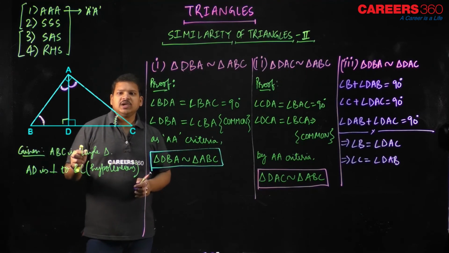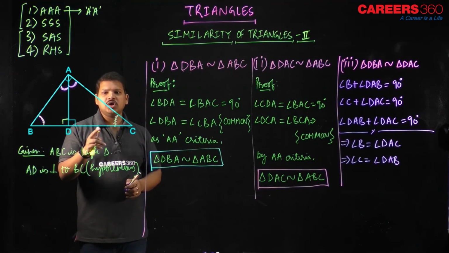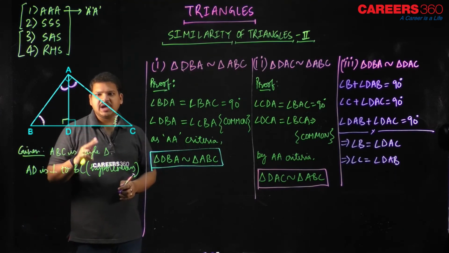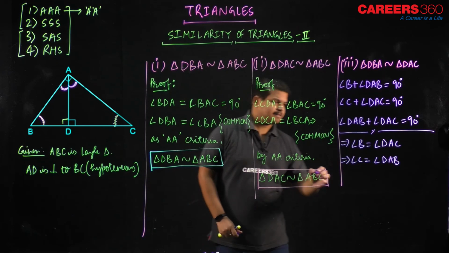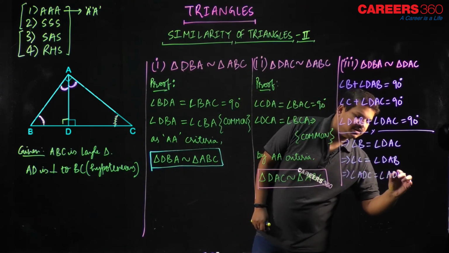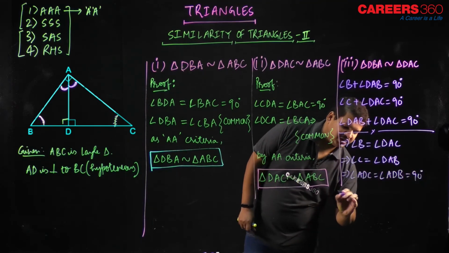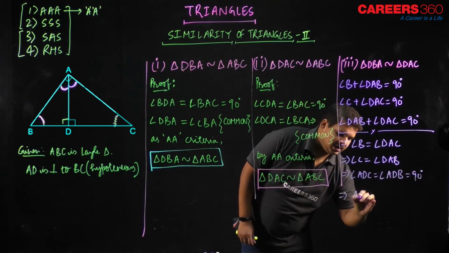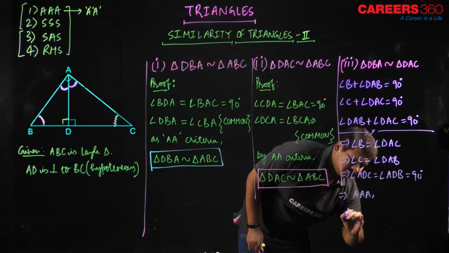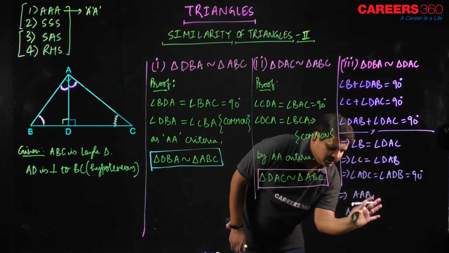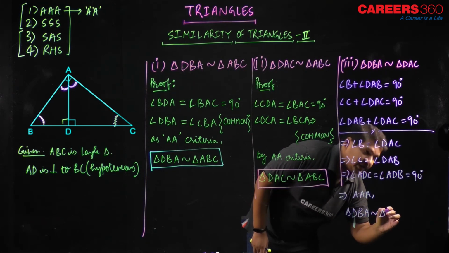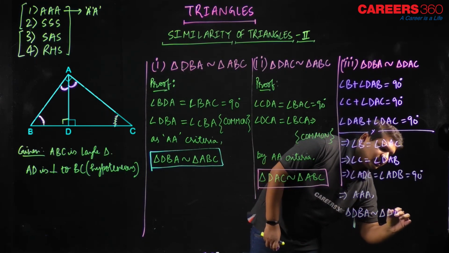Now, as you can see, the third angle is already a right angle, that is, angle ADC and angle ADB, already 90 degrees. So by AAA, triangle DBA will be similar to triangle DAC.